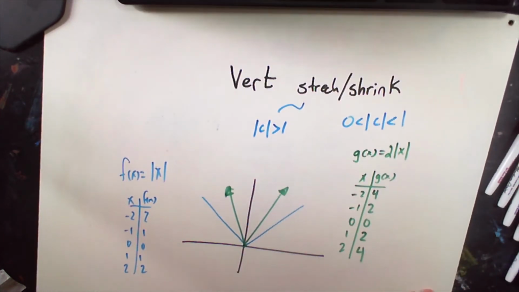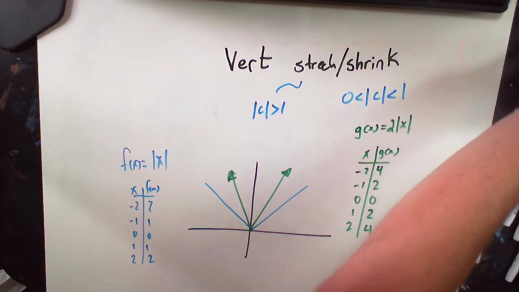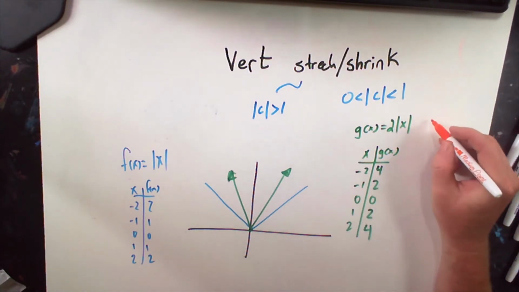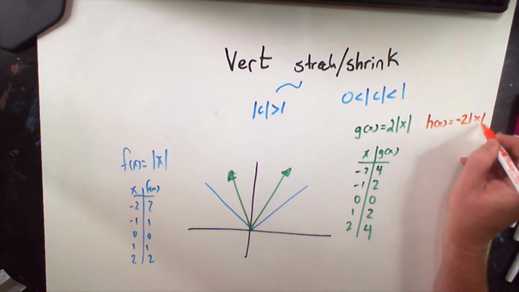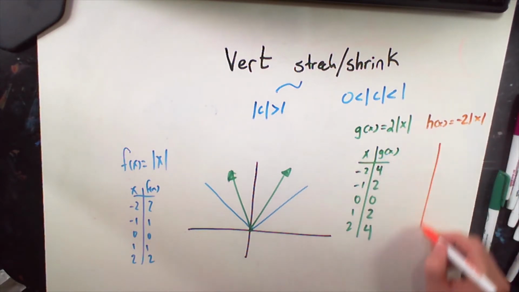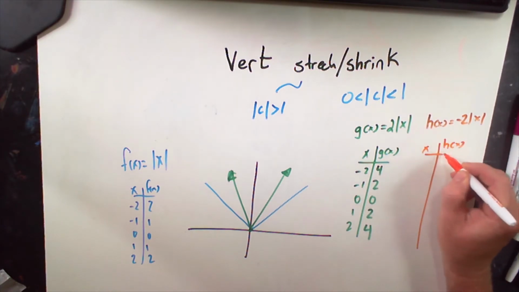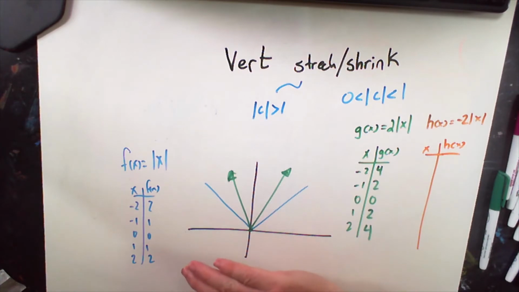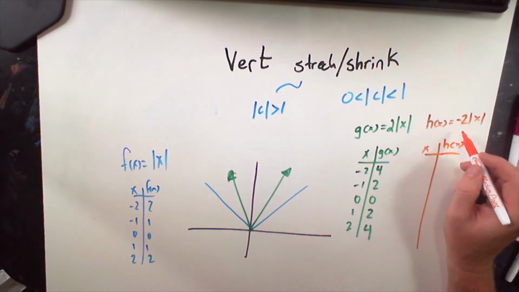When I was talking about that absolute value, just as a real quick aside, not really an aside, but to make sure you understand what I meant, if I were to take a function like h of x and call it negative 2 times the absolute value of x, now the negative part we know is going to cause that flip, but the 2 is also going to stretch it, right?